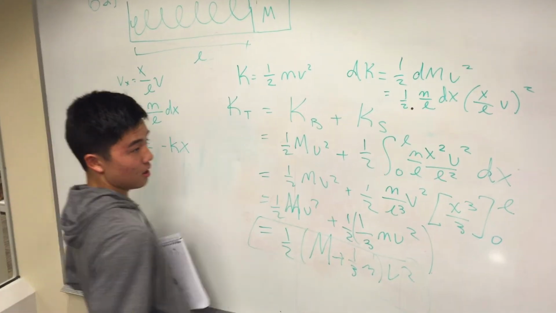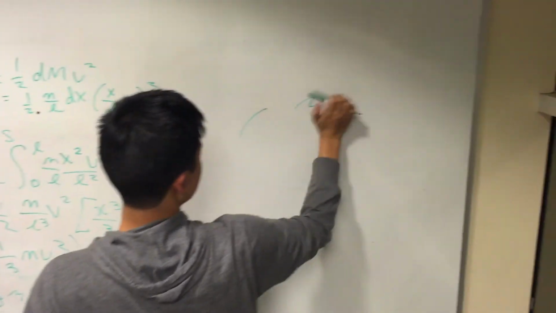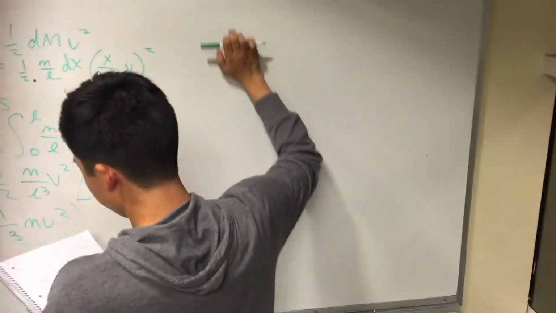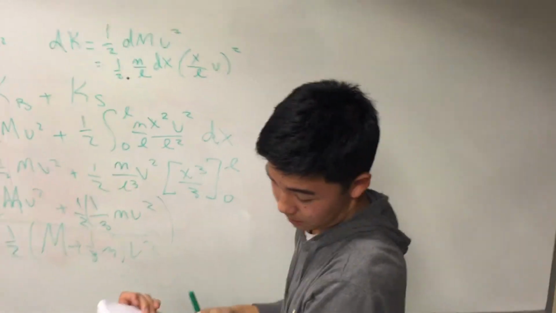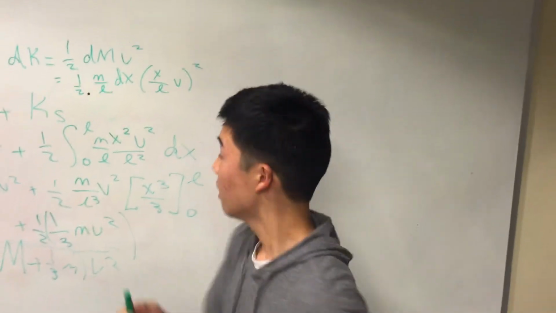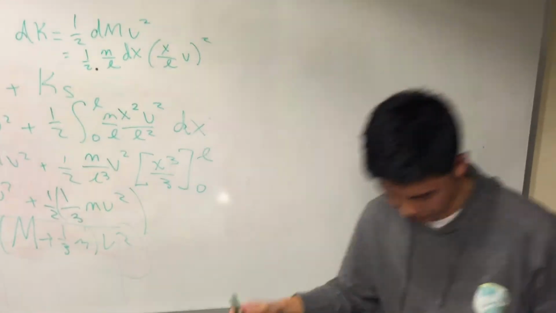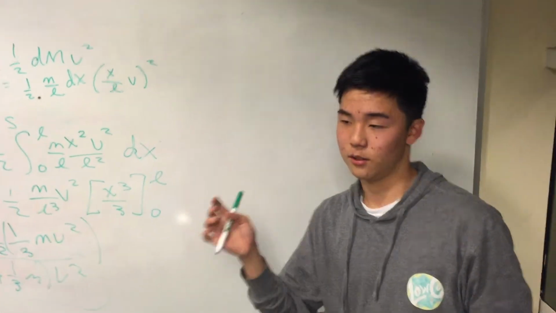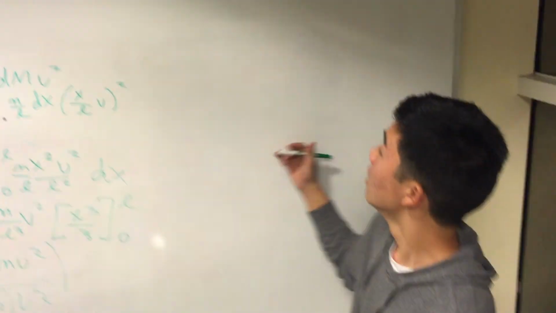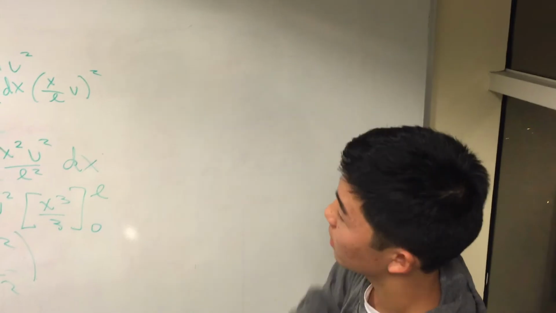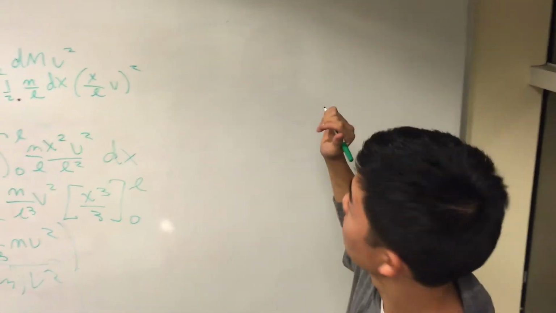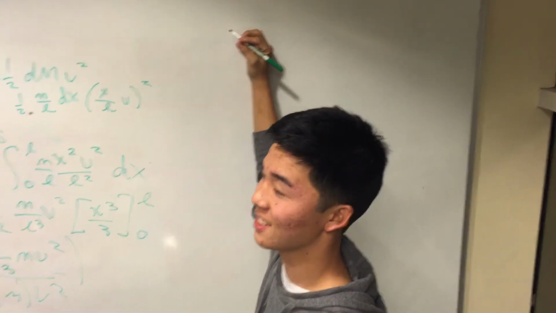All right. Then the problem asks you to find the period. What you have to do first is find omega and then plug it into the formula to get the period. So we'll find omega first.